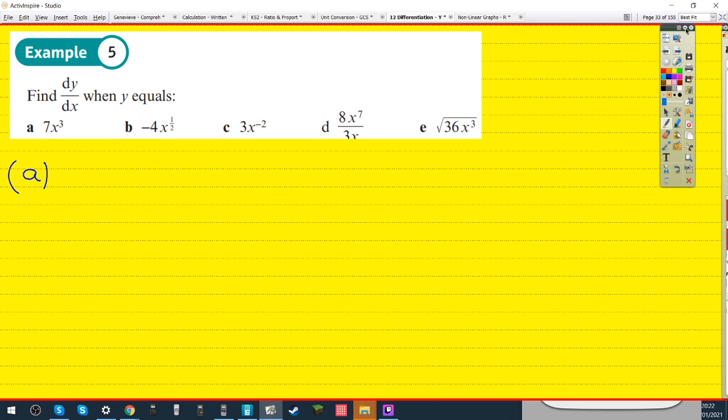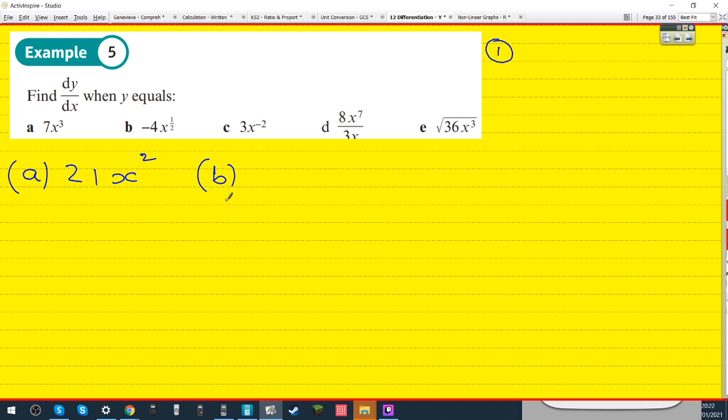Step 1, step 2. So it'd be 21x to the power of minus 2. Correct. Sorry, you cut out for a second.